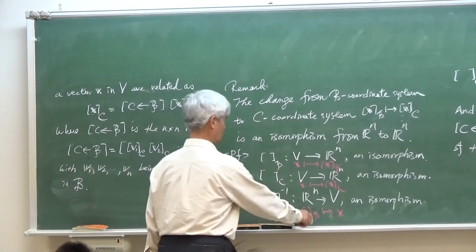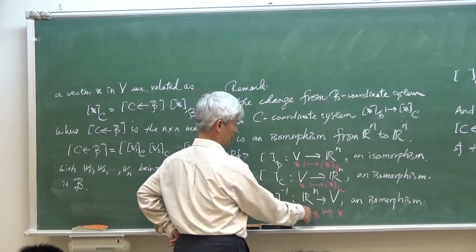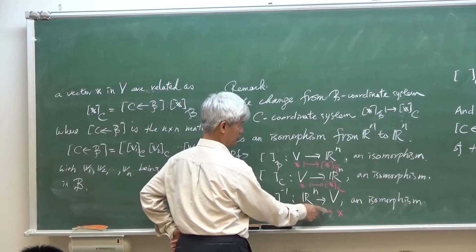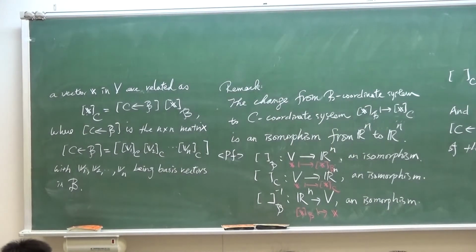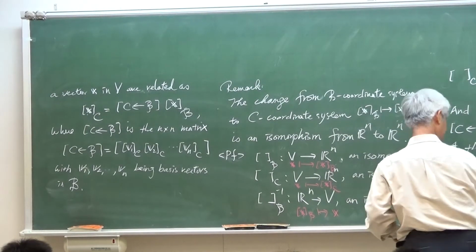So the composition is that we start from the B coordinate vector, and we synthesize back into x itself. Just as in the proof that I just erased.